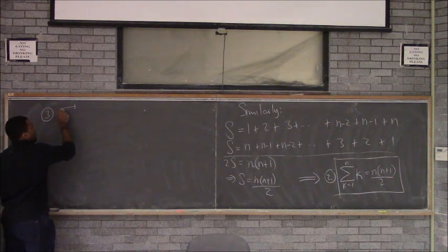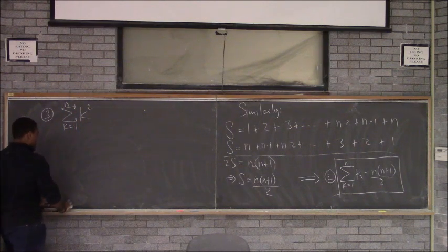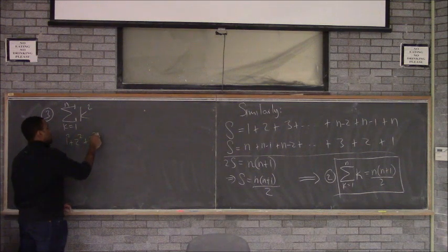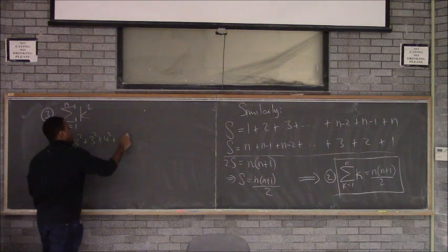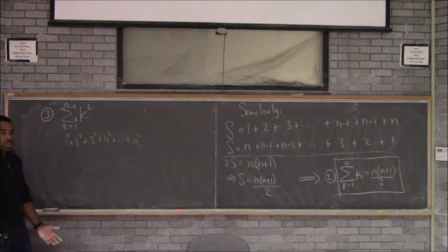But what if you wanted to talk about the sum of the first n squares? This means you're adding up 1 squared plus 2 squared plus 3 squared plus 4 squared, all the way up to n squared.